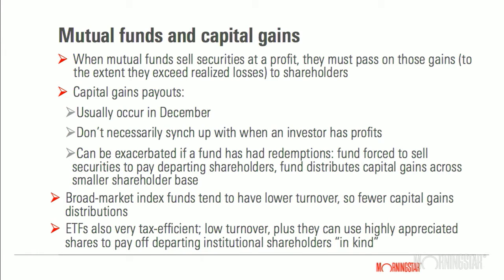Broad market index equity funds tend to be quite tax efficient because they have very low turnover. They tend not to make a lot of these capital gains distributions. Exchange traded equity funds, to the extent that they track broad market indexes, are also really nice tax efficient holdings. Even though actively managed funds can be less tax efficient, ETFs and broad market index funds tend to be quite tax efficient.